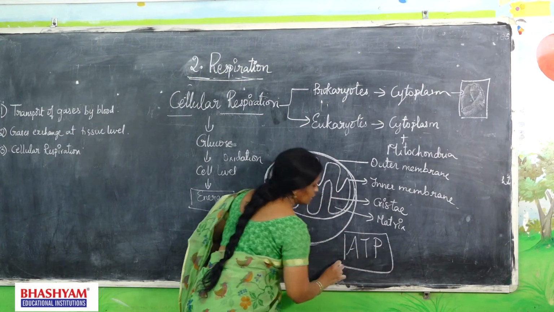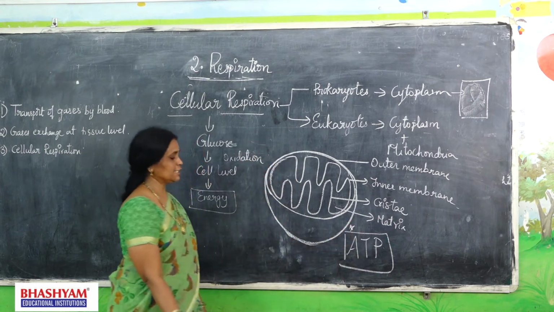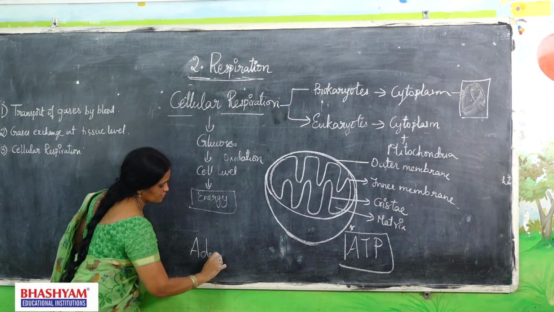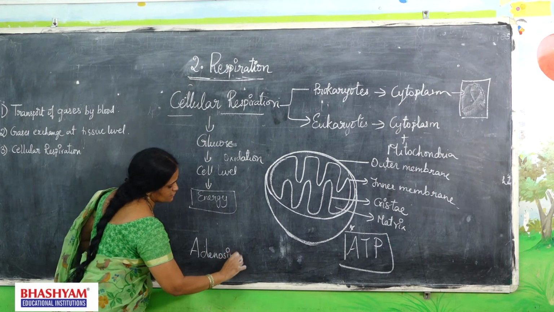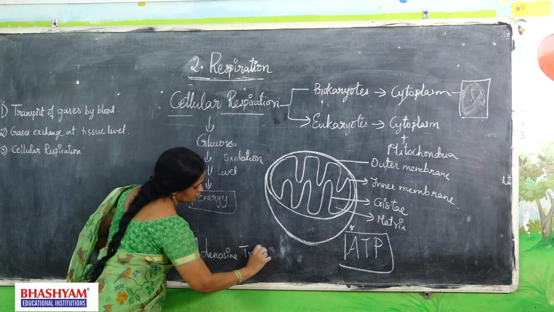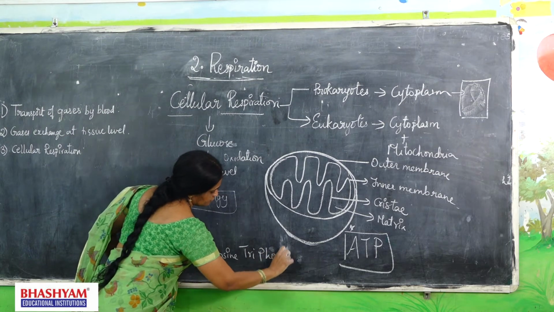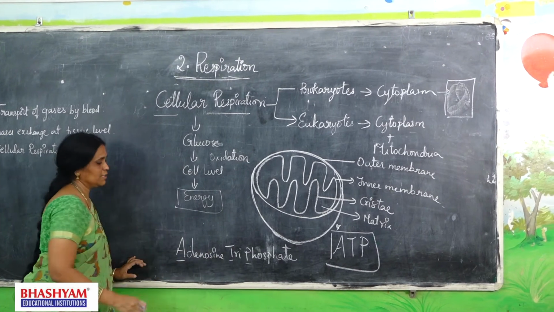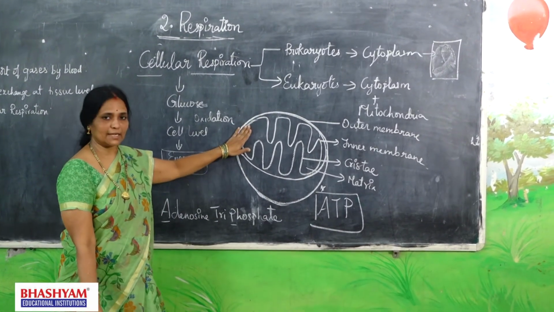What is ATP? The full form of ATP is adenosine triphosphate. In the form of ATP, mitochondria store energy.